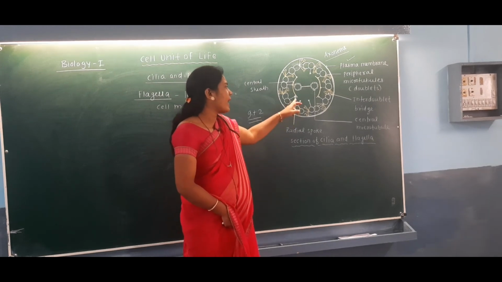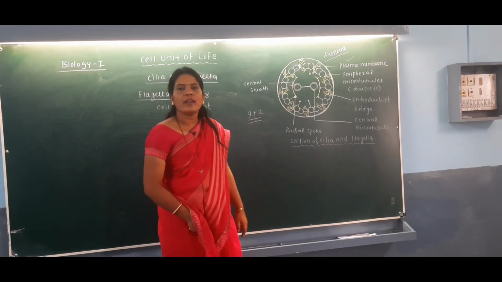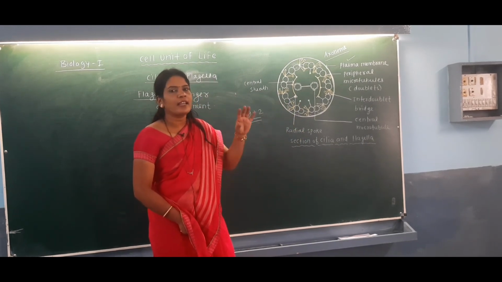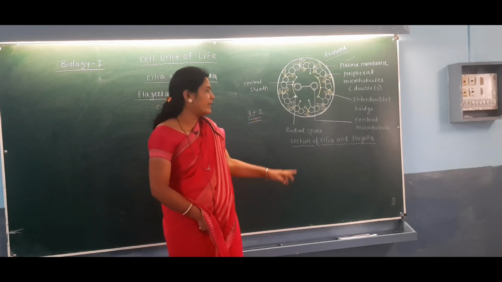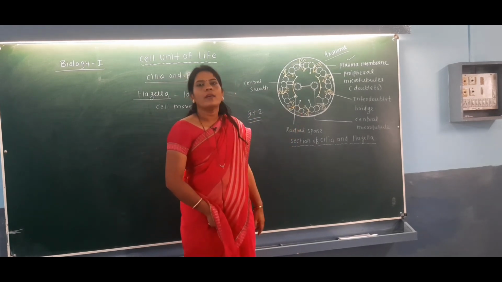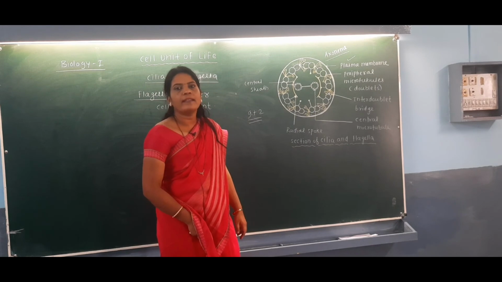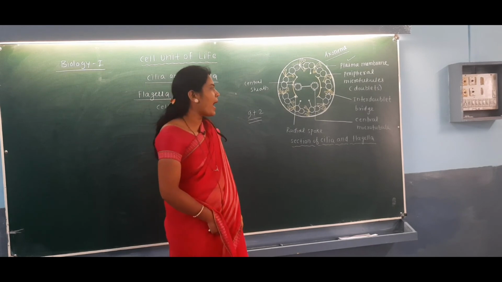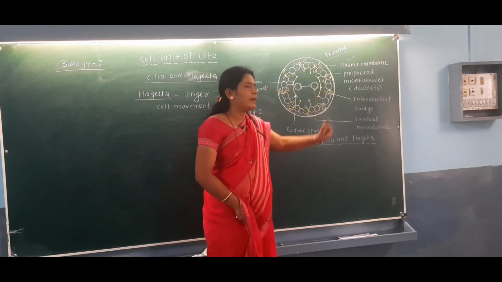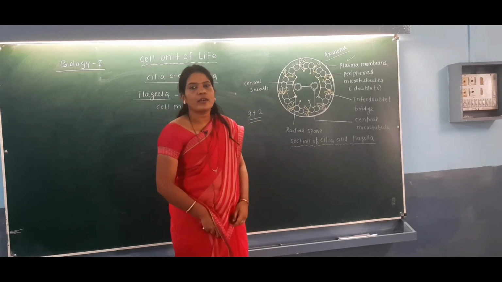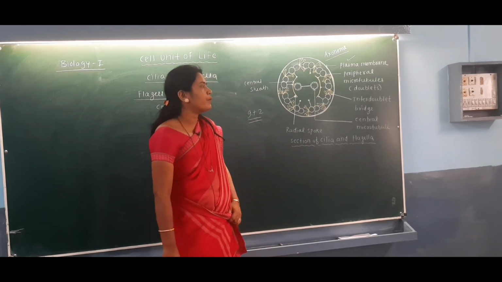The central 2 microtubules are covered by the central sheath, and connected to each other by one bridge. While the peripheral 9 doublets are connected to the central sheath by the radial spoke, and the peripheral doublets are connected to each other by the interdoublet bridge.